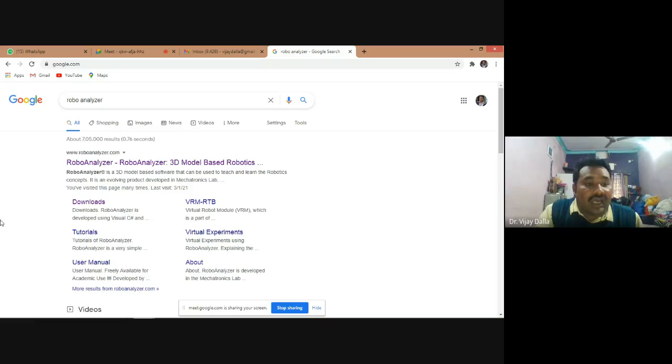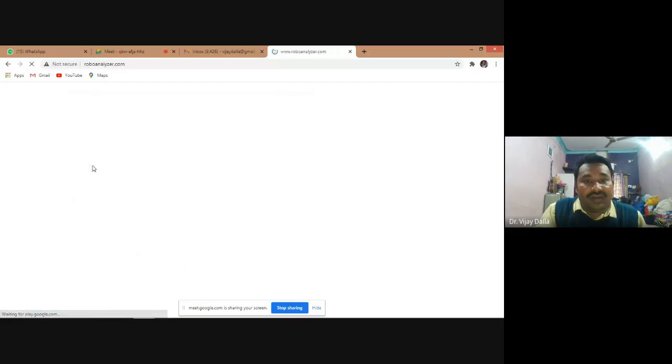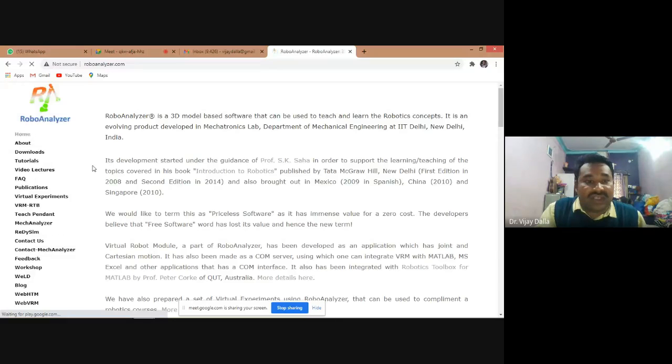Okay. Regarding this RoboAnalyzer, as I told you, it is a 3D model visualization. The RoboAnalyzer is a 3D model based software that can be used to teach and learn the robotics concept.